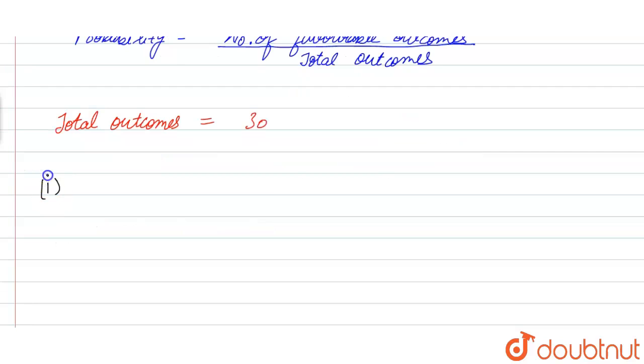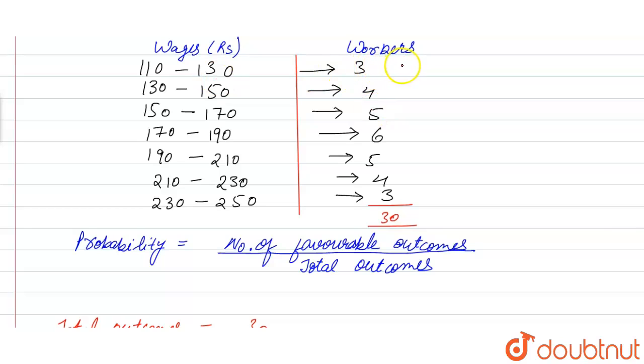The first part is to find the probability that the worker has a wage less than 150 rupees. So we will include these two cases, because here the wage is less than 150.